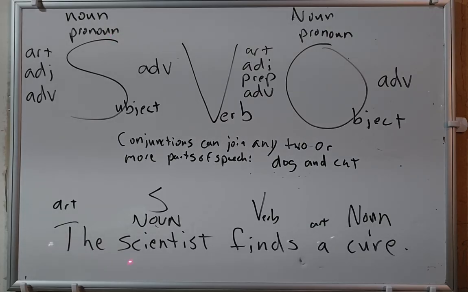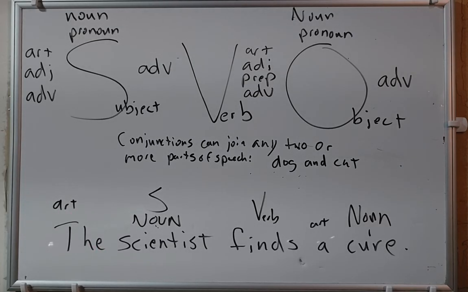As we see in the sentence example, scientist is a noun, but it is also the subject of the sentence. Before the noun, we can have an article, an adjective, an adverb. Here we have the, which is an article.